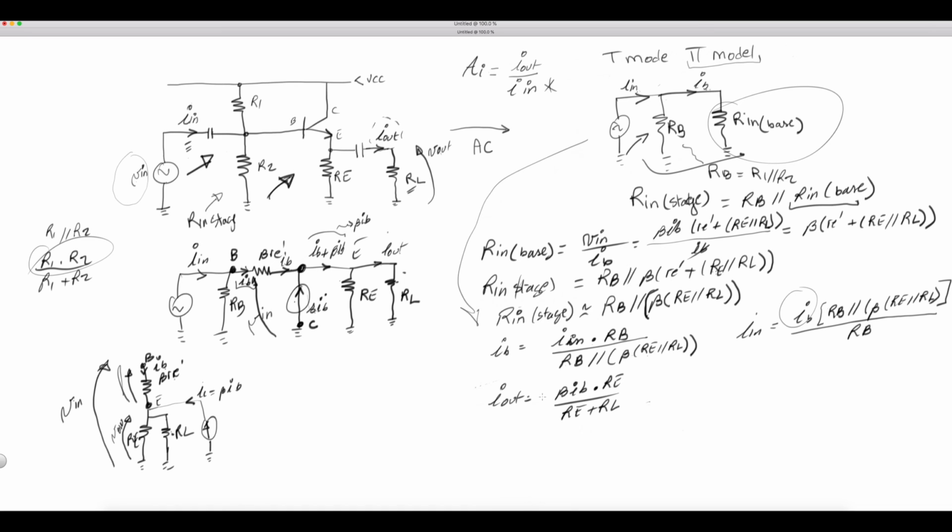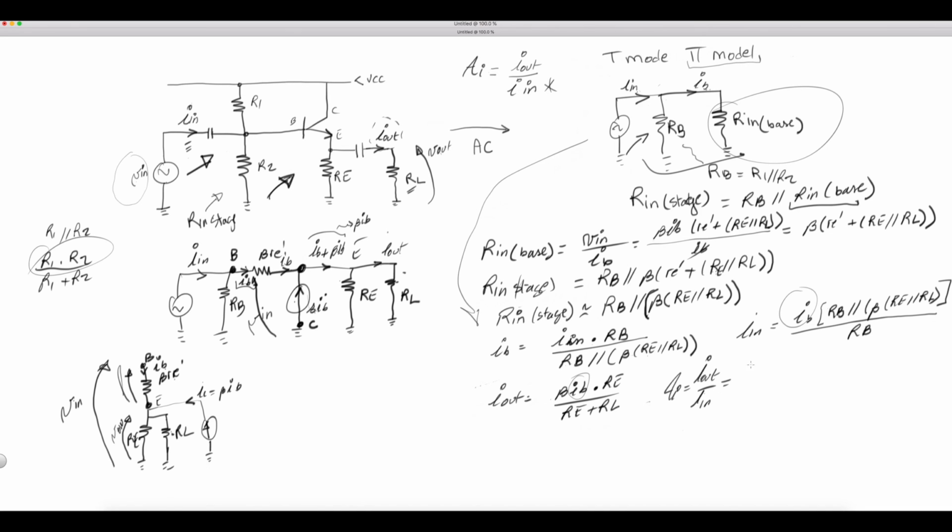Aha. Now notice here, I have an IB factor and I have an IB factor. Can I do something with it? Absolutely. So now that I'm looking at AI equals I out divided by In, I can substitute.